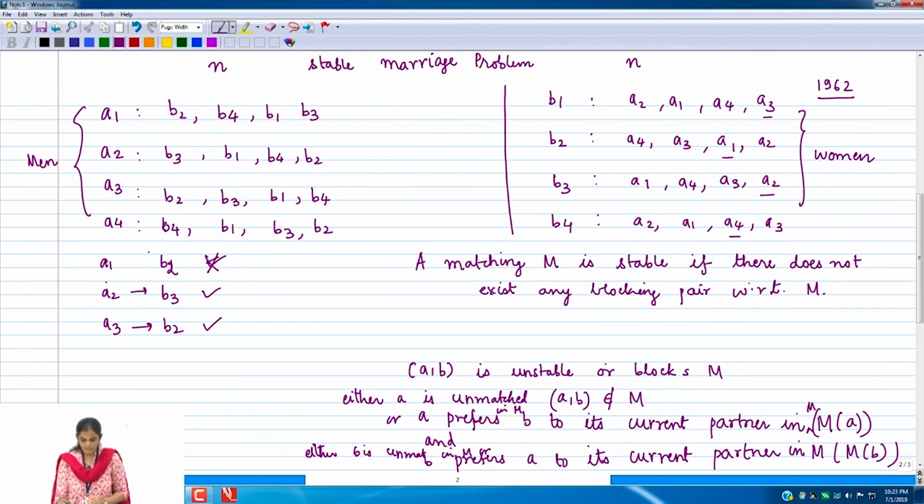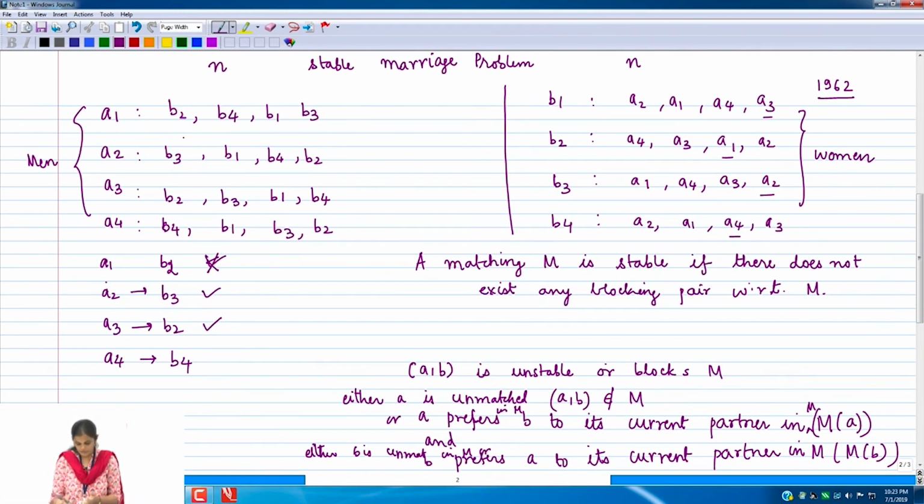So now we have two people who are free, A1 and A4, and we will just go in the order. So we'll go in A4, and A4 proposes to B4, and because B4 is again free, it is going to accept it. Now A1 is free. Is there any point in A1 making a proposal to B2?